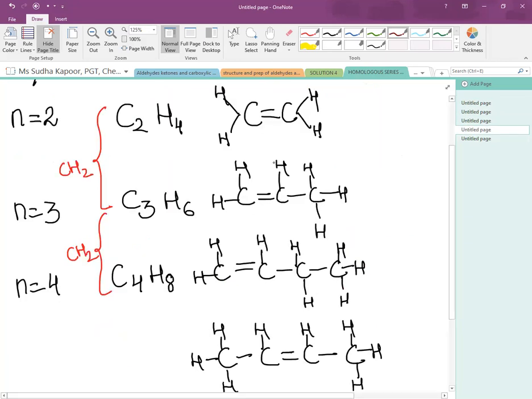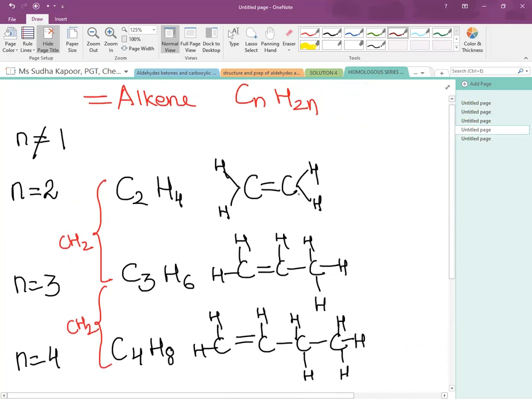In the case of the double bond, the IUPAC system is given as follows. We will write the IUPAC name for 2 carbons with a double bond. We know that the double bond ends with the suffix "-ene". So 2 carbons, eth, ene. 3 carbons, prop, ene.